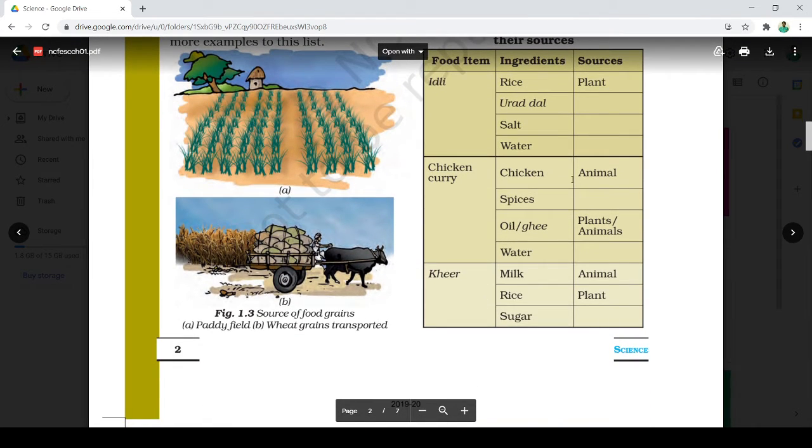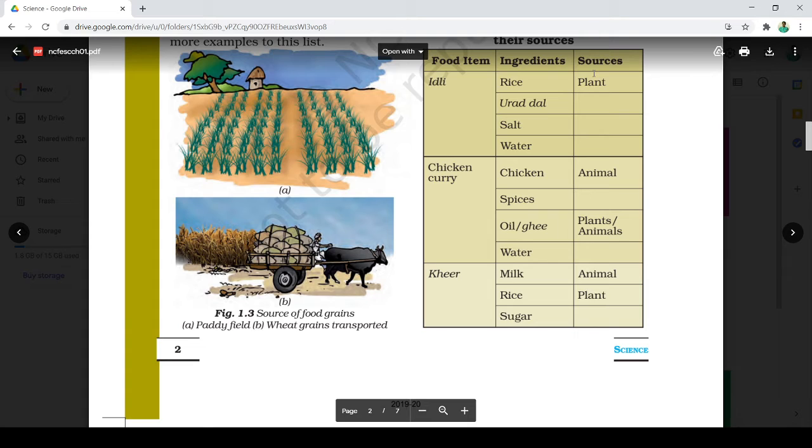Over here, they gave three columns which have the headings as food item, ingredients, and sources. So the food item is idli.